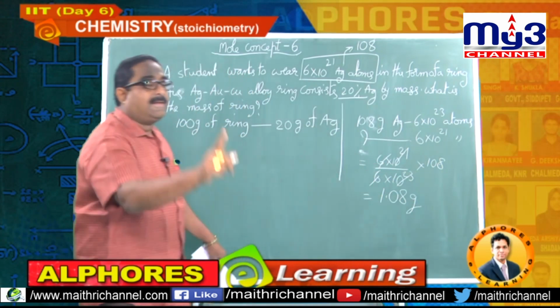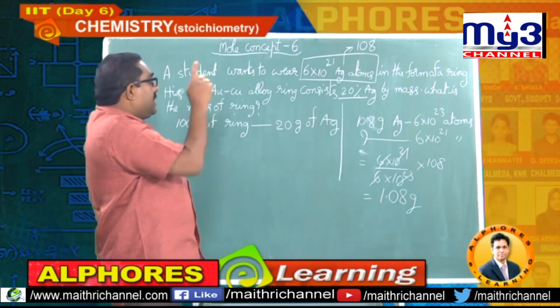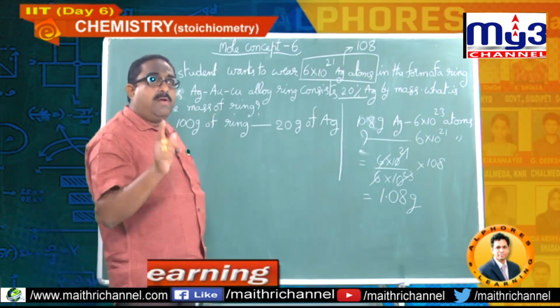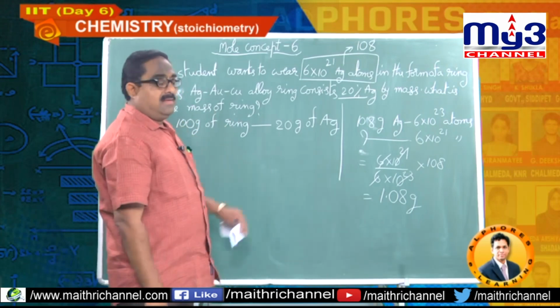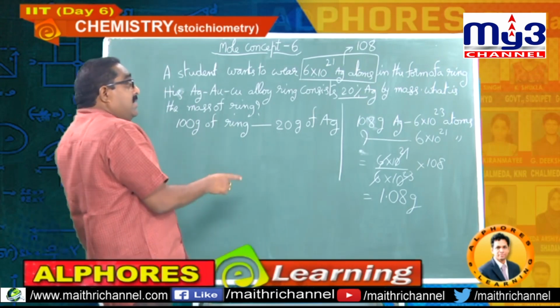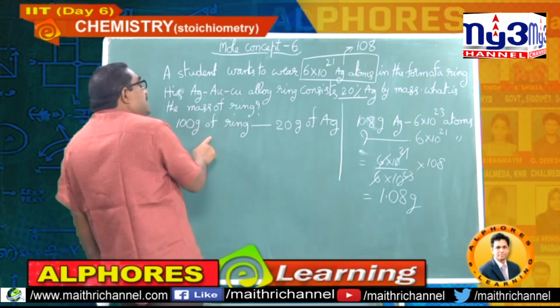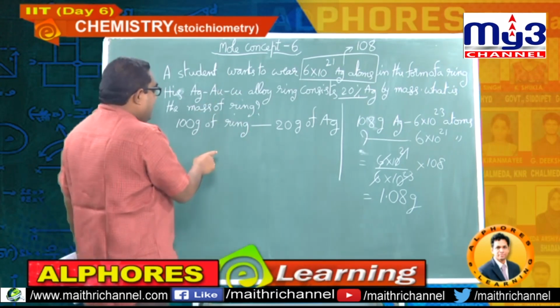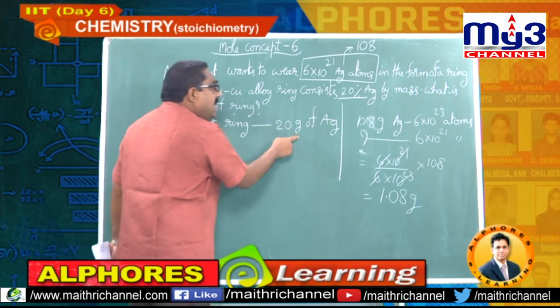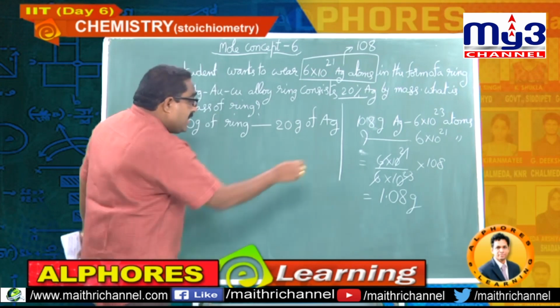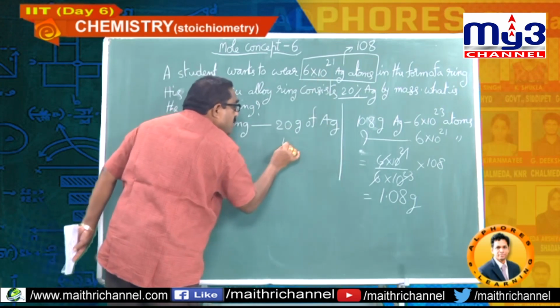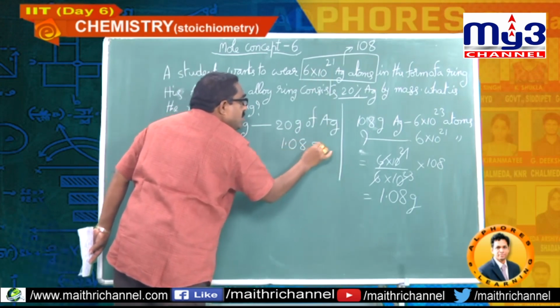It means that student should wear 1.08 grams of silver in his ring, right? Then what will be the mass of that ring? And he has given 100 grams of ring contains 20 grams of silver, but here the student need is only 1.08 grams.